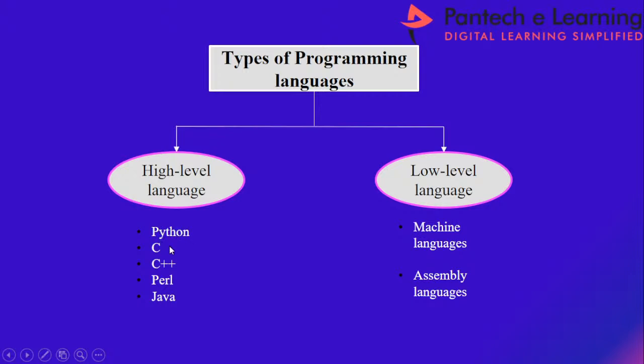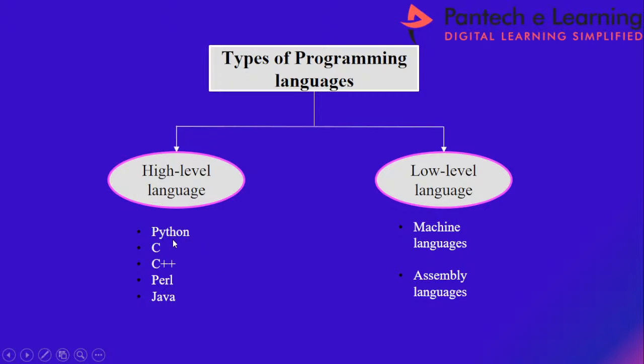We can go for Python, C, C++, Perl, Java. All of these come under high level programming languages. And we have two different types of low level language: one is called machine language and one more is called assembly language.